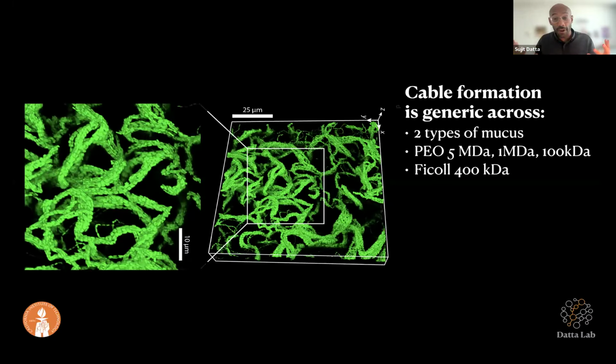Well, he tested Ficoll, which is a branched polymer. Same thing. Above a threshold concentration, the bacteria grew in these cables. Sebastian tested sodium carboxymethyl cellulose, which is a negatively charged polymer, to see if charge interactions play a role. They didn't. Above a threshold concentration of polymer, we saw cables again.